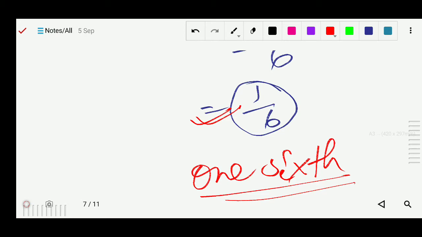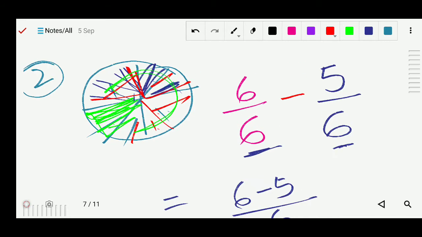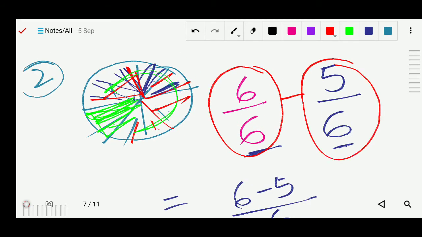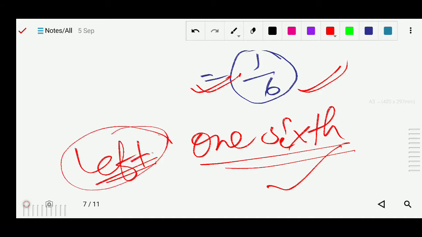So that much portion is left. It was total 6 by 6, and they ate 5 by 6, and we subtracted it and got one left. One sixth of the cake was left.